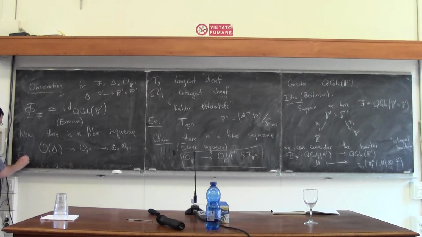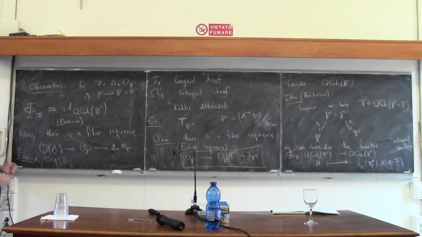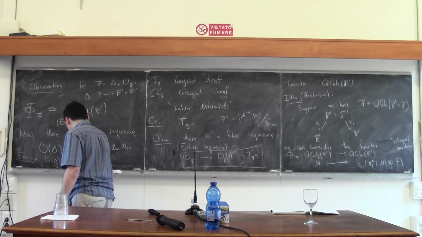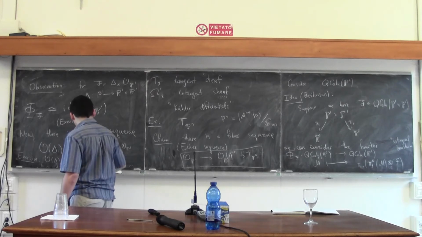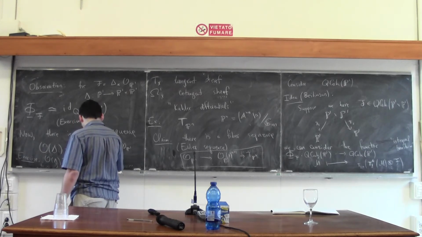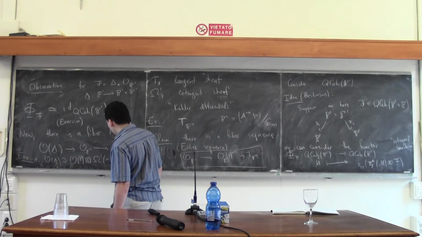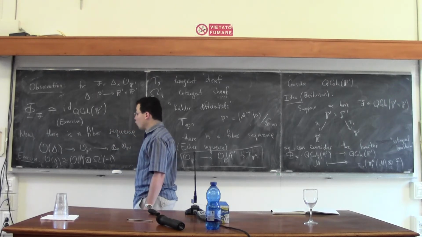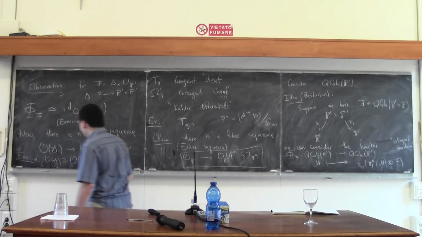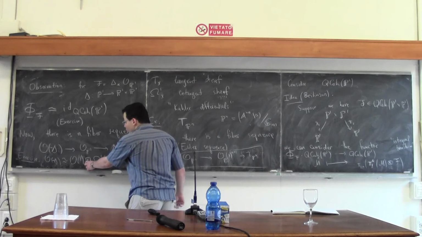And an exercise is to check that O of delta is actually equivalent to... It's O of minus delta? Oh, yes, thank you. Never keep the signs straight. But anyway, it splits up into two pieces.